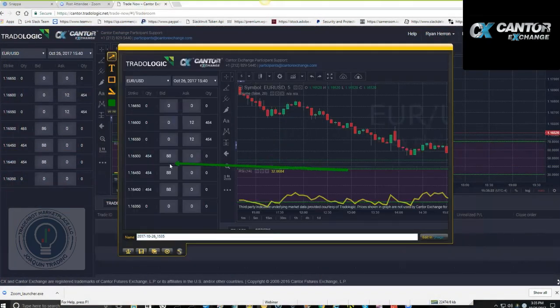Let's say price is in between these two strikes right here when the price opens. I know 62% of the time, price is going to go up and at least touch this area up here. At least touch it, not expire, but touch.